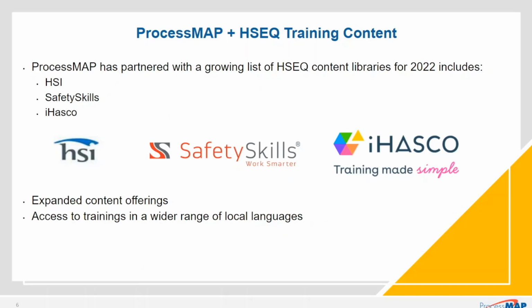Safety Skills and iHasco are more recent additions to our content library partners, which has allowed us to expand content offerings in certain technical areas, as well as provide access to training content in a wider range of local languages. These content providers host a range of HD quality video training courses with interactive exercises and content aimed at creating a strong engagement with the user. Let's now take a look at how they can integrate into ProcessMap's LMS and the benefits.